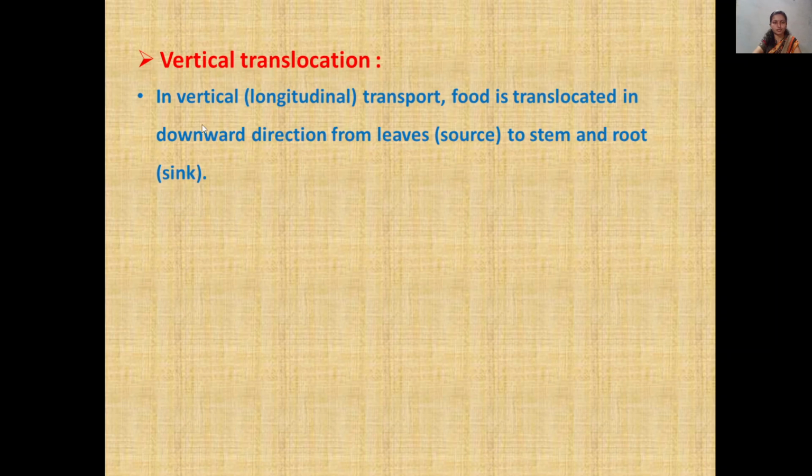Vertical translocation. First point, in vertical transport, food is translocated in the downward direction from leaves to the stem and root.